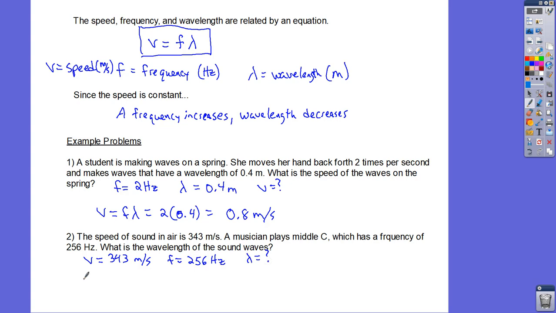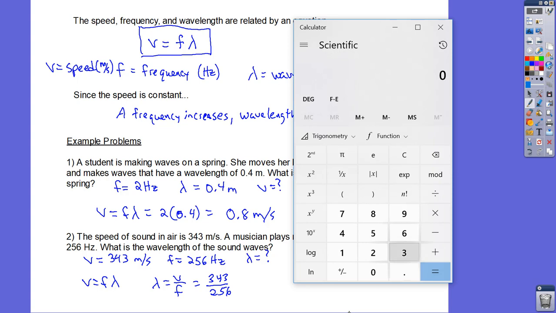So if we say v is equal to frequency times wavelength, I'm going to divide with the letters first. So I would divide both sides by f, and we would get lambda as equal to the speed over the frequency. So I'm going to have 343 over 256. So 343 divided by 256.